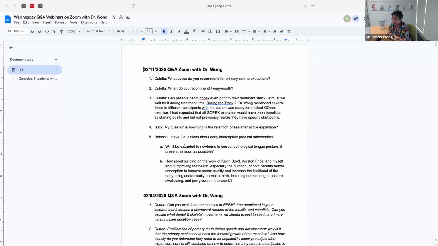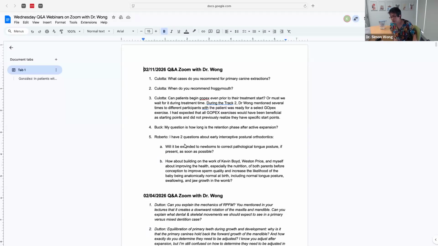When all four permanent premolars have erupted, the first premolars are then extracted, and now we have room for incisors, canines, and the second permanent premolars.